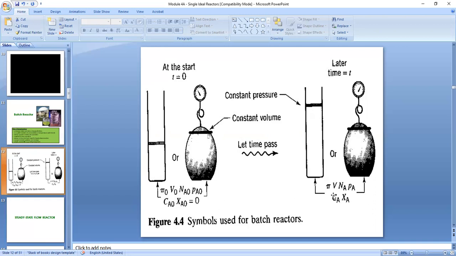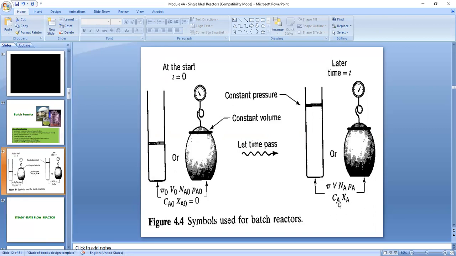So you have pi as the final total pressure of the system. V is the total volume of your system. N sub A is the total number of moles, rather, the number of moles only of A after some time. And small p sub A is the partial pressure of A after some time. Here, we already have a certain amount of A that has been converted.